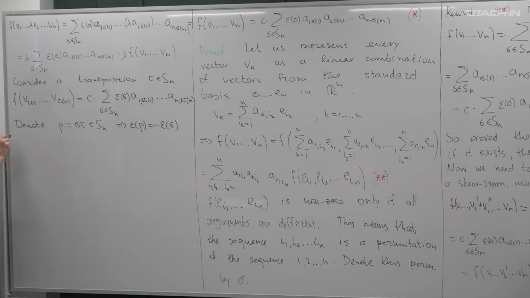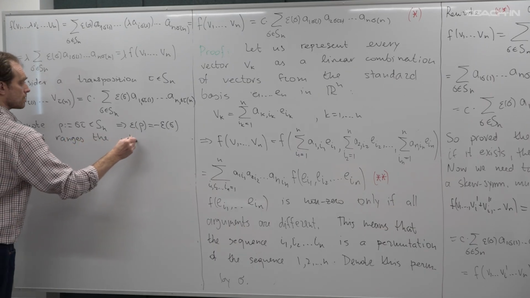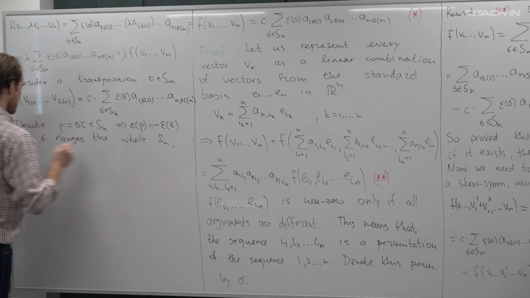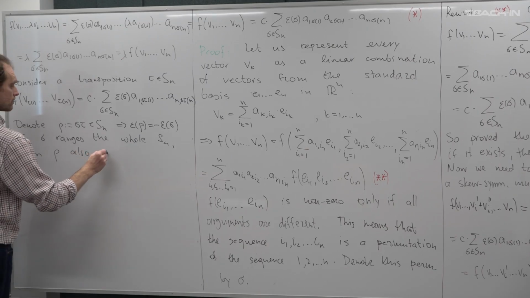But if sigma ranges over the whole symmetric group, then rho also ranges over the whole symmetric group.